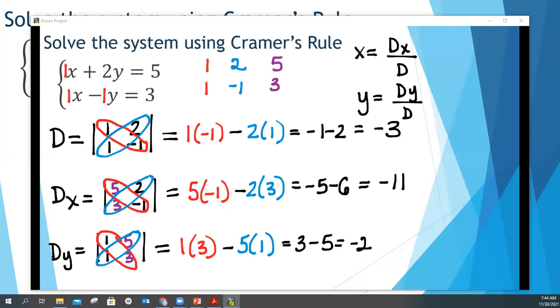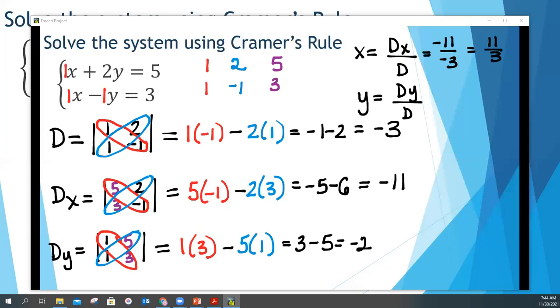So both of our answers are fractions. So if you're thinking, oh my goodness, I'm not getting the whole number, I must be wrong. No, you're right. So for x, I'm going to take -11 divided by -3, which is just going to give me +11/3.